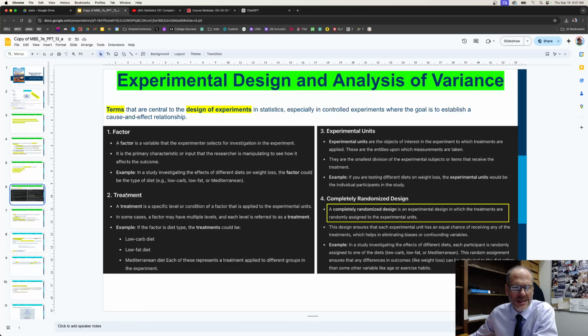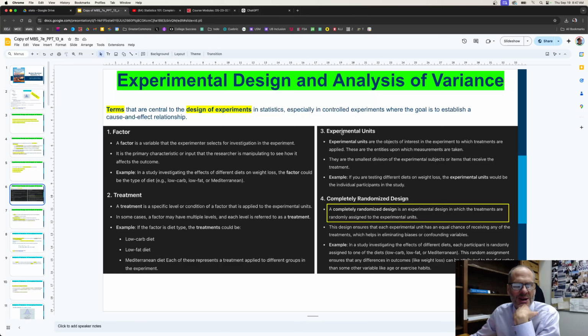Now if factor is the main point, treatment is a subpoint, and treatment is like the broken down different factors. Okay, so a treatment is a specific level or condition of a factor that is applied to the experimental unit. So it's a specific level or condition of a factor that is applied to experimental units. We'll learn about experimental units in a second.